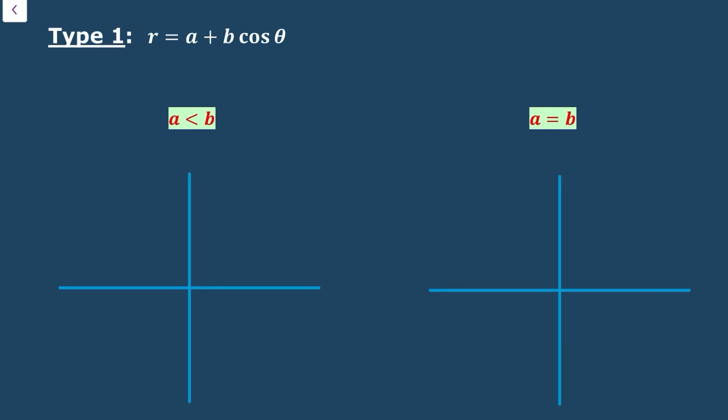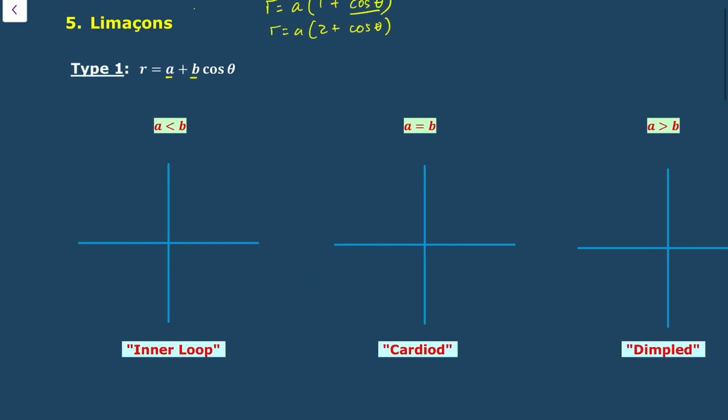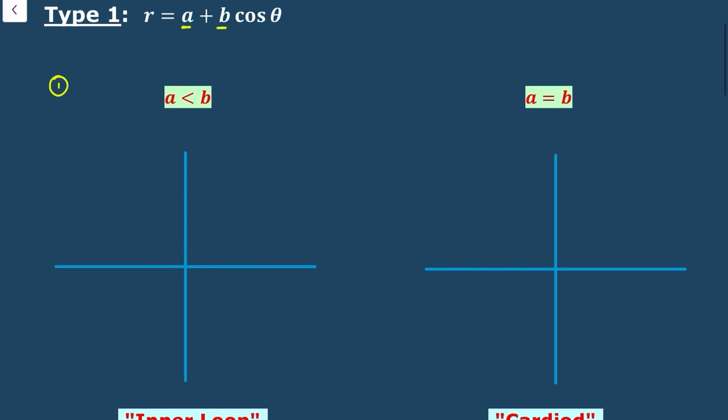The shape of this curve, in all cases, relies on the relationship between a and b, and I have summarized this here for you, the four different types of curves that we get. In the first instance, we have that r is equal to a plus b cos theta, and the value of a is less than the value of b.